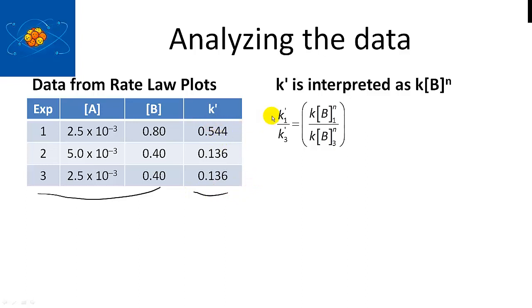The apparent rate constant for 1 is equal to K times the concentration of B in reaction 1, divided by K times the concentration of B in experiment 3, but they're both raised to some order which we have yet to determine.